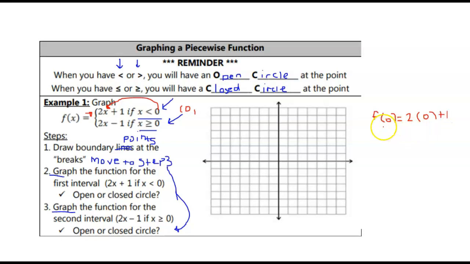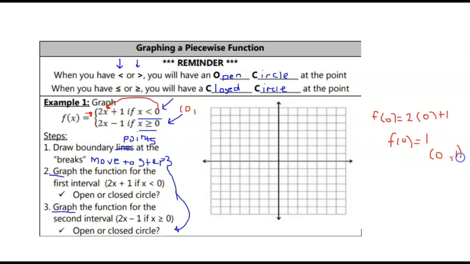I figure out that f of 0 is going to be 1, right? 2 times 0 is 0, plus 1. So I know f of 0 is equal to 1. Well, what is f of 0? f of 0 is just y. So I know at the point 0, I will be at 1.